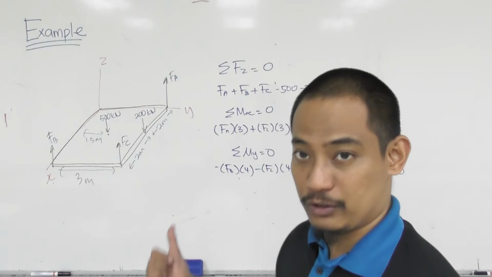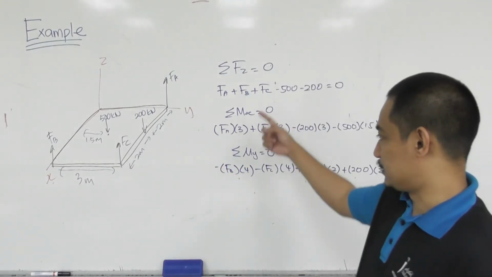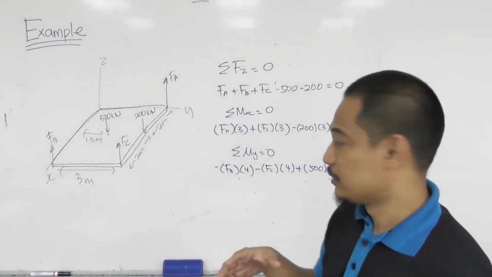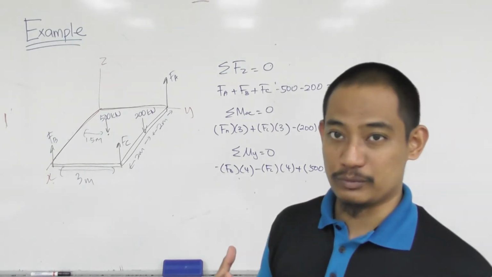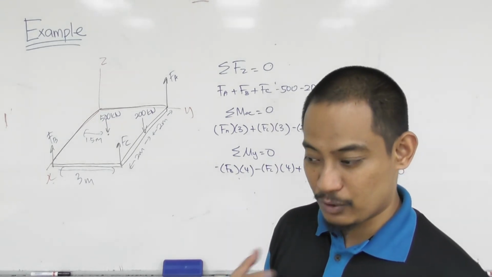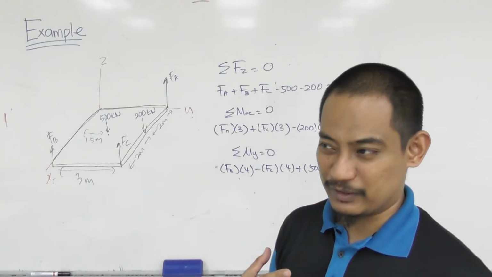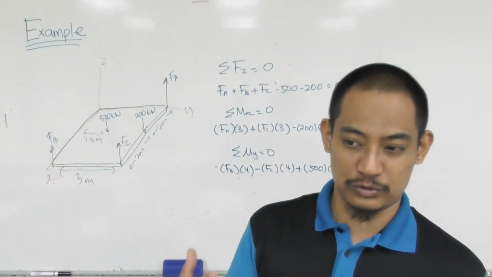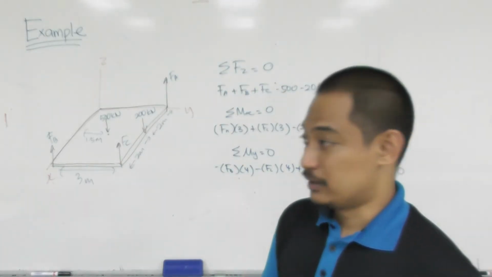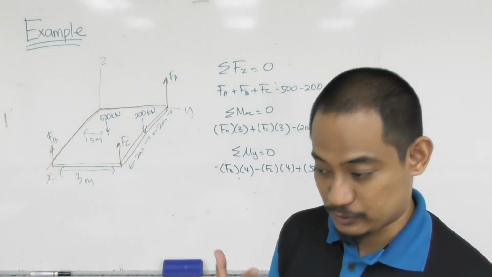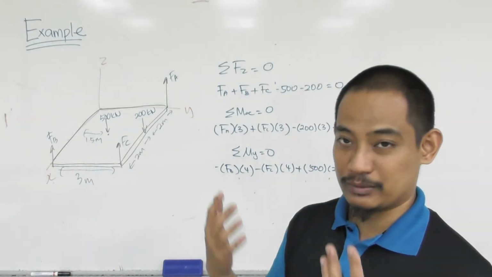Normally, I personally will not select this approach, because you actually have to solve simultaneous equations. I'm normally quite lazy. If there's any way not to do simultaneous equations, I will do it. Hence, I will do it differently. That's just me, because I'm that lazy.